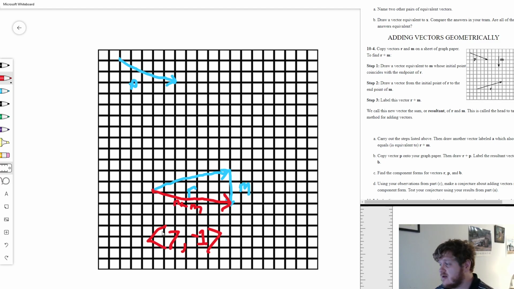Now, one of the things you can do, using a little bit of trig, is convert this to a magnitude using Pythagorean's theorem. Think of these two as the legs of your triangle. You square them and you get that. As well, you can find the angle using tangent on these two numbers, because this would be your adjacent side and this would be your opposite side.